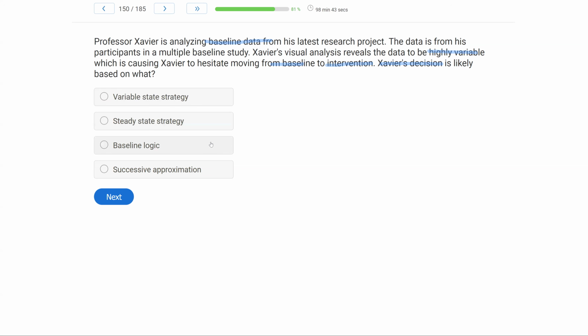Baseline logic has to do with prediction, verification, and replication, not necessarily what Xavier is doing here. And then successive approximation is there to throw you off. You might get answer choices occasionally that are simply checking your fluency. Because if you're fluent, successive approximation, you're immediately eliminating that answer. It has to do with shaping. Xavier's decision is most likely based on a steady state strategy.